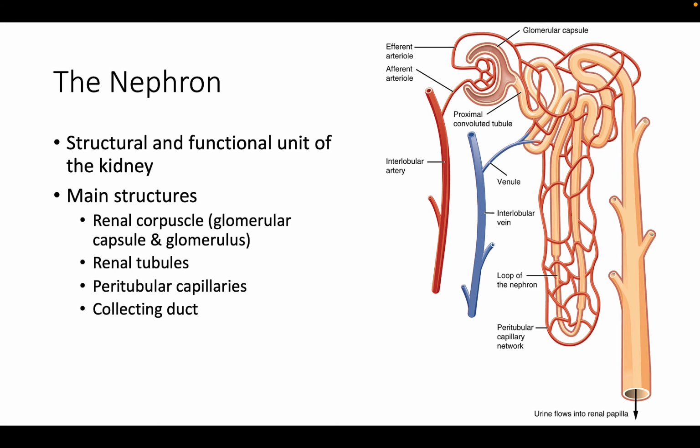And so you'll see that go back and forth in the literature. Here it's labeled glomerular capsule, and the next diagram you'll see it labeled as the Bowman's capsule. It's the same thing. It's just the capsule that surrounds the glomerulus, which is this capillary bed for initial filtration here. Okay, so together this is known as the renal corpuscle, the glomerular capsule and the glomerulus.